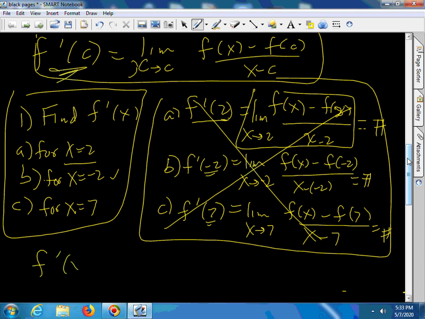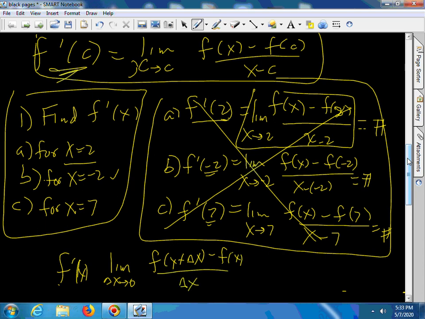I would say f prime of x is equal to the limit as delta x goes to 0 of f of x plus delta x minus f of x over delta x. And what we are going to get is a function of x, just like we said we would get.